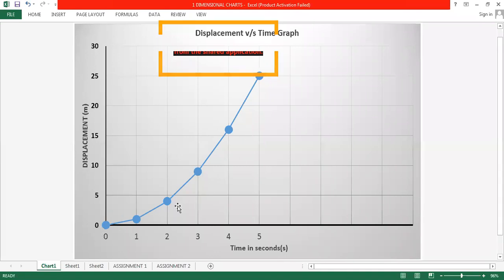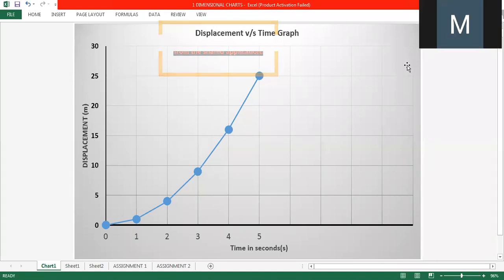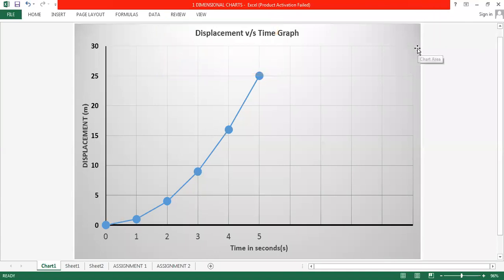Plot all these points and you will find it is a curved line. So a curved line indicates that the object is moving with variable velocity.